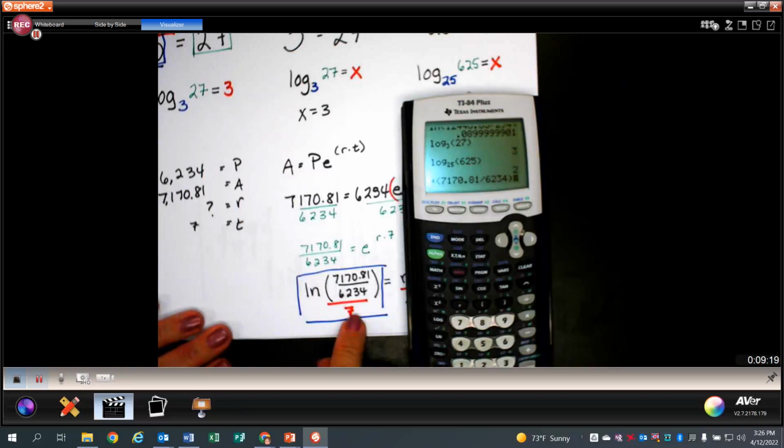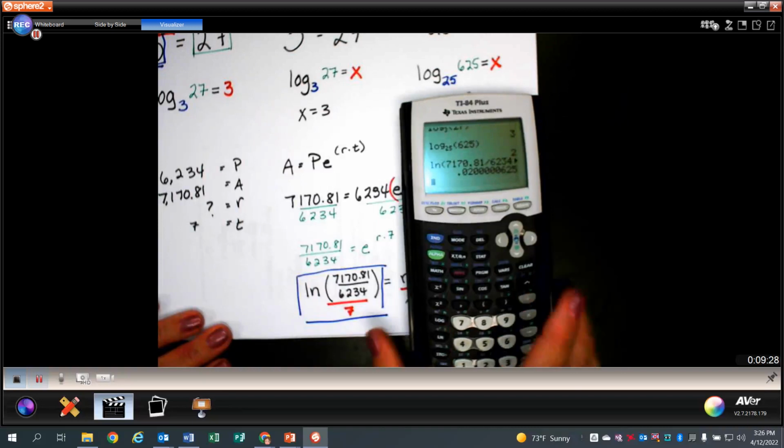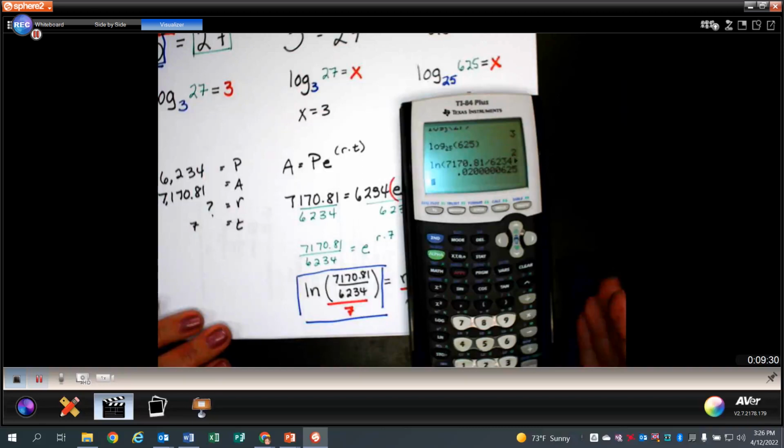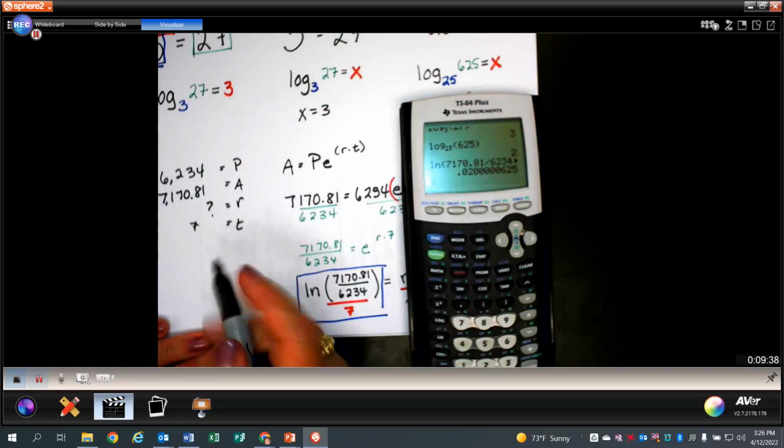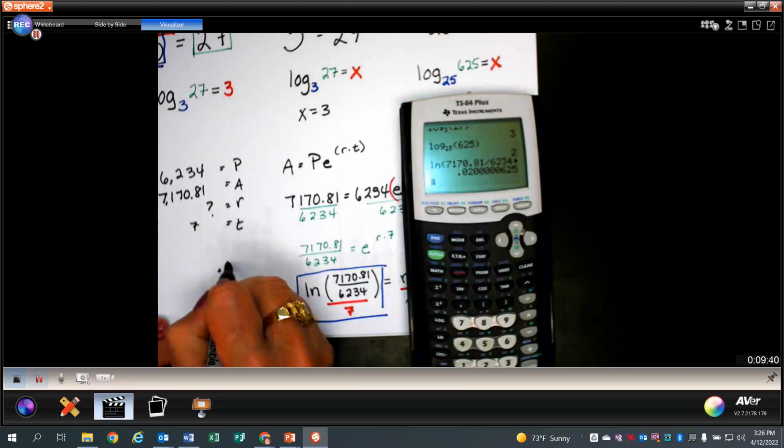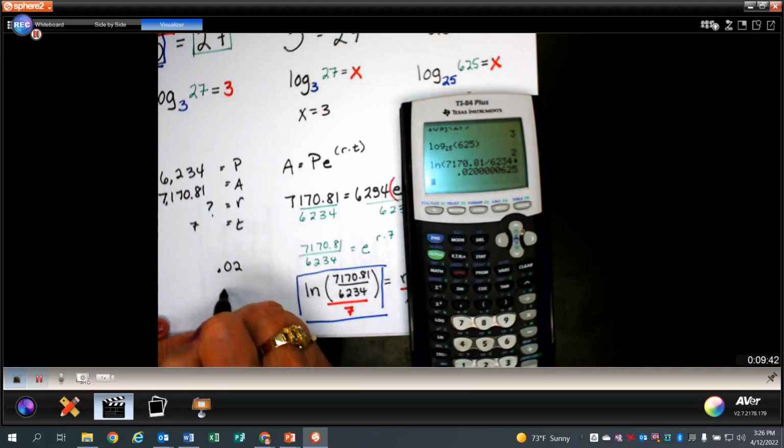Now we can take that whole number and divide it by 7. So divide by 7 and enter, which gives us a decimal. Well, that makes sense because I'm looking for a rate. So if I take this decimal, 0.02, and multiply it by 100, that would give me my percentage. So the rate is 0.02, and as a percentage would be 2%.